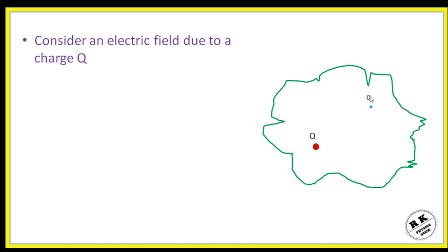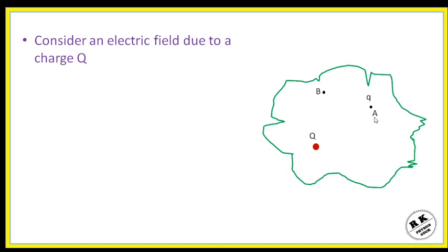Now let us suppose that this small q is our test charge. We are testing how the field is, and this capital Q is creating electric field. Let us imagine that this test charge is at a point A in the field. Let us also assume another point B in the field.